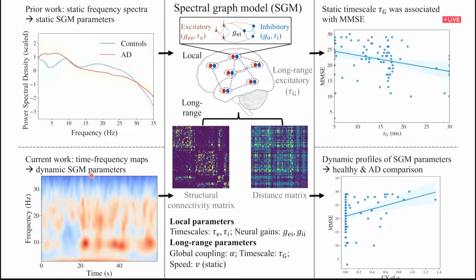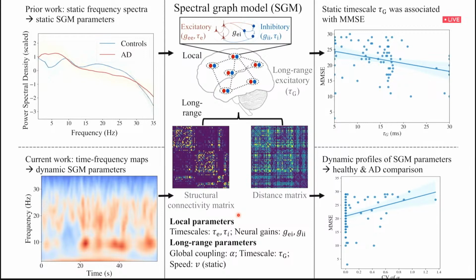In the second part, instead of looking at the entire static frequency spectra, we look at time frequency maps to understand at a finer time scale what the dynamics of the model parameters are. If we fit a model to every spectrum, we can see how the model parameters are changing, and we get a dynamic profile.